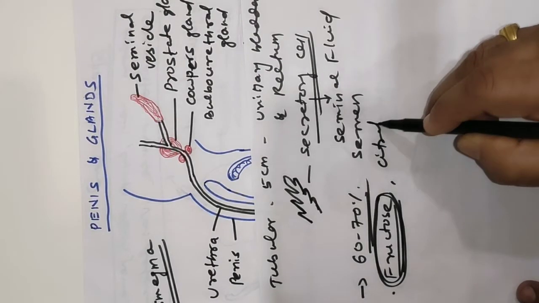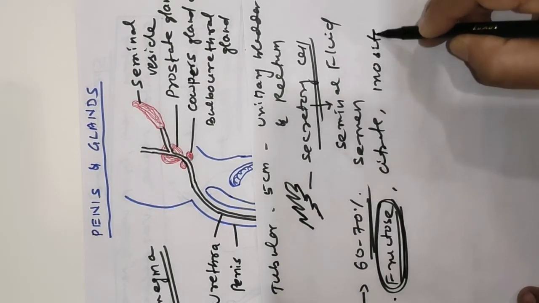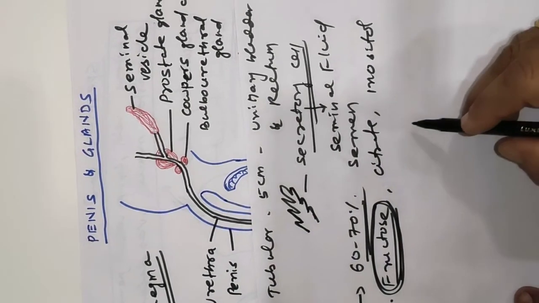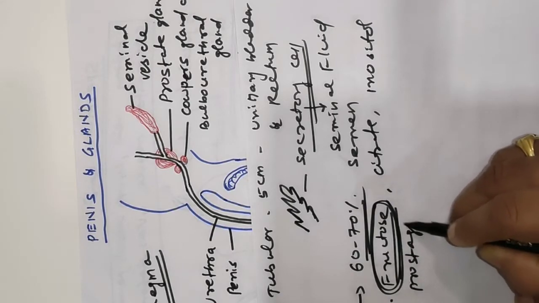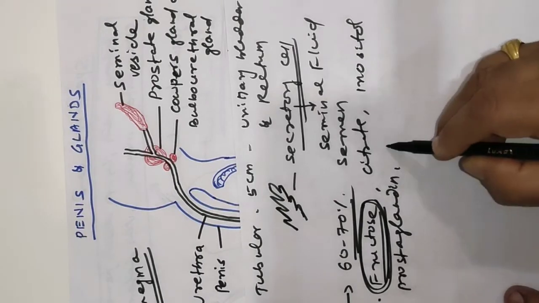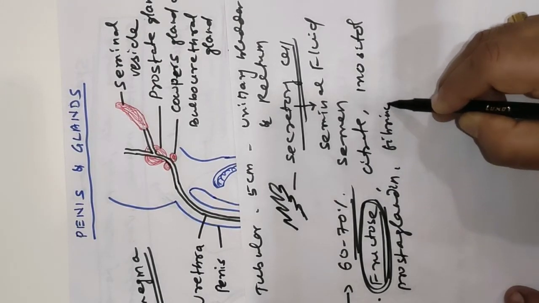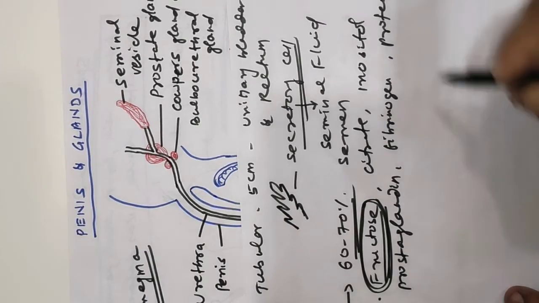It contains fructose, citrate, inositol, prostaglandin, fibrinogen, and a few proteins.